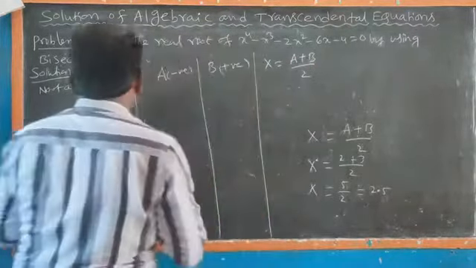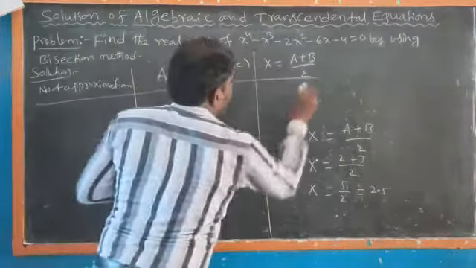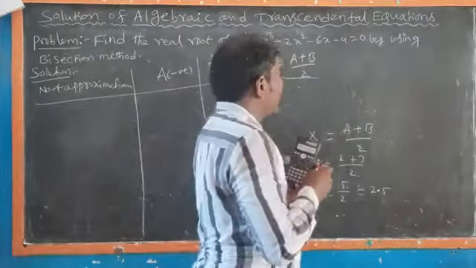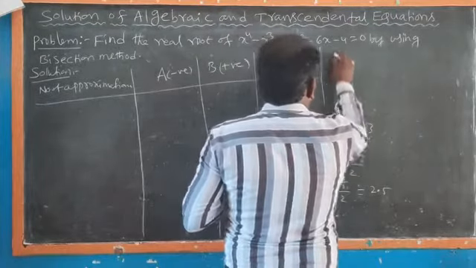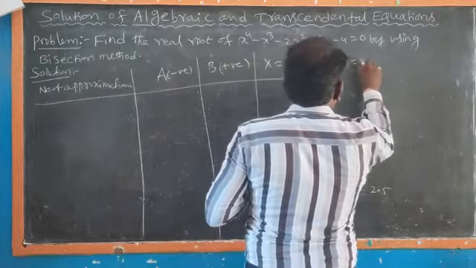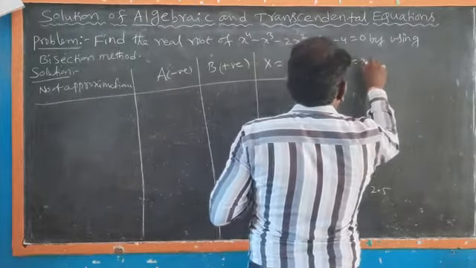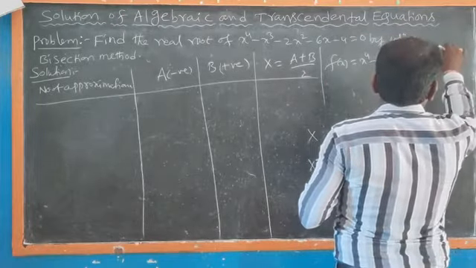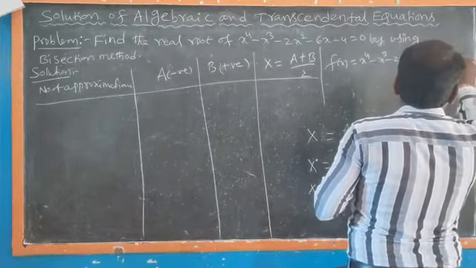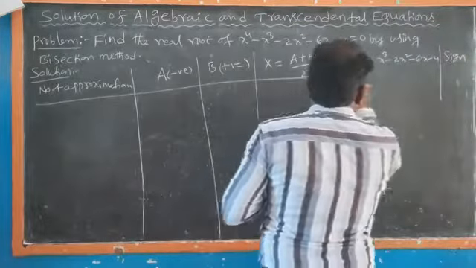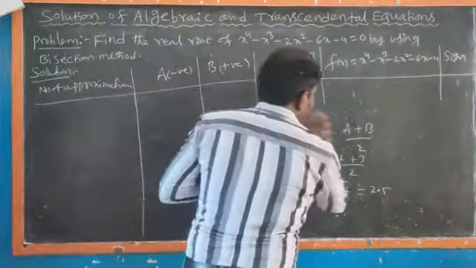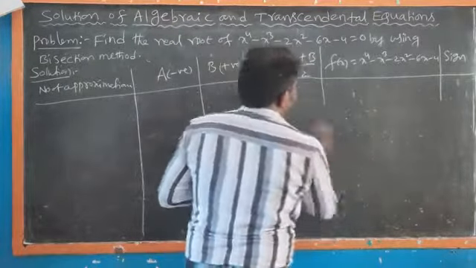Next, f of x is equal to x power of 4 minus x cube minus 2x square minus 6x minus 4, under the sign. So a value 2, b value 3, x value 2.5.